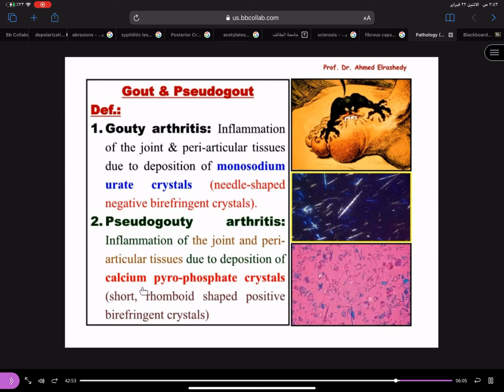Rather, it is due to calcium pyrophosphate crystals. And these are a different kind, short and rhomboid, like a square or something like that. So anyway, gout is due to urate crystals, pseudo gout is due to calcium pyrophosphate crystals.